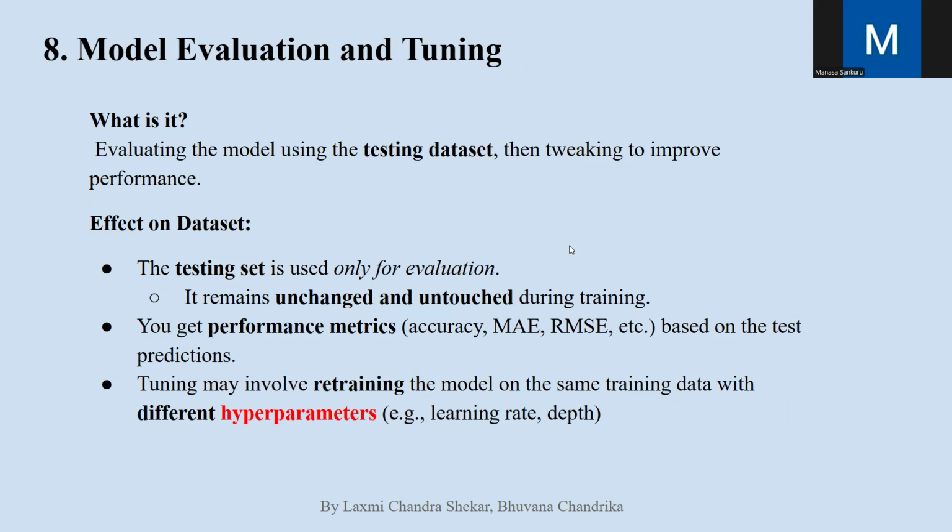Evaluating the model using the testing data set, then tweaking to improve the performance. Tuning means that if our model is giving above 70%, it is usually considered a success. 70 to 80 means your model is going to do good. Above 80, your model is doing great.